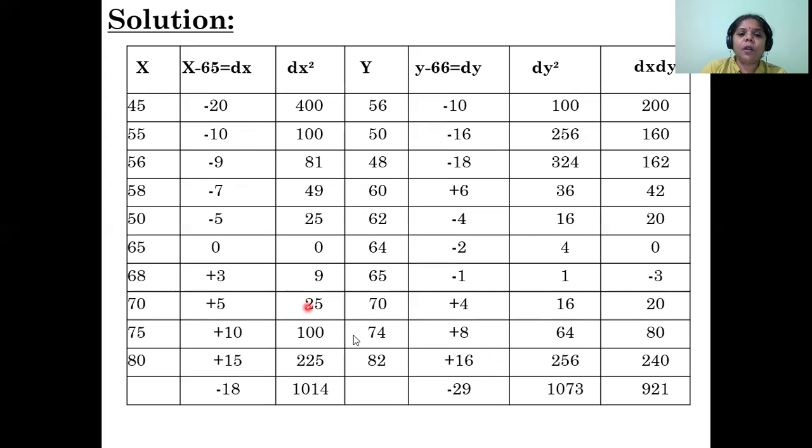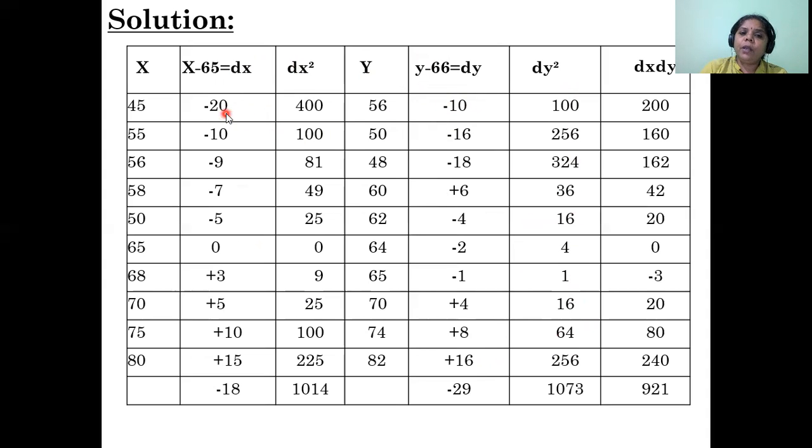Okay, these columns we have to make first, dy square. Then this is the dx column, and the fifth column is the dy column. So we have to make dx into dy.